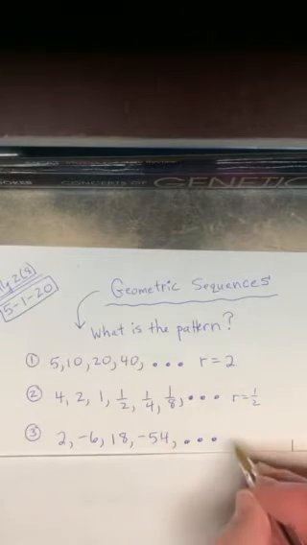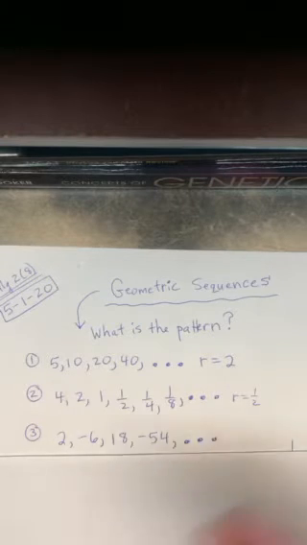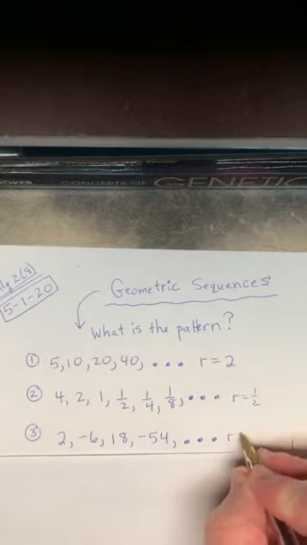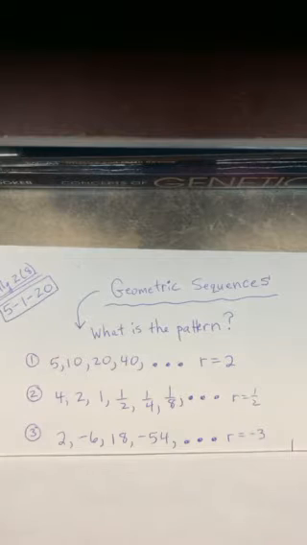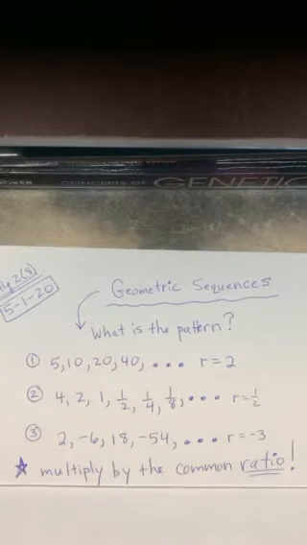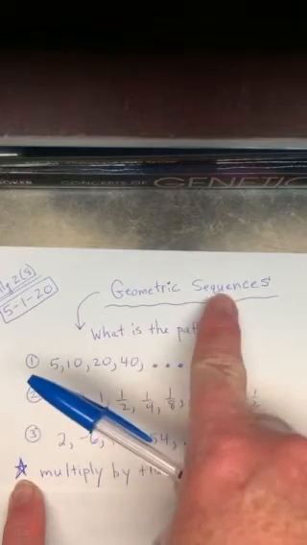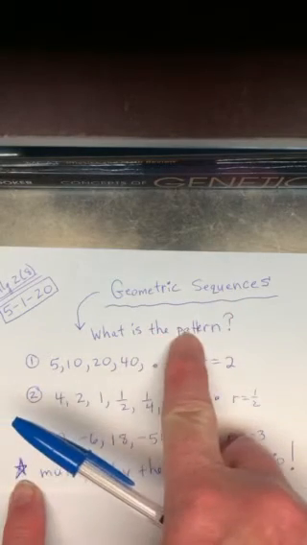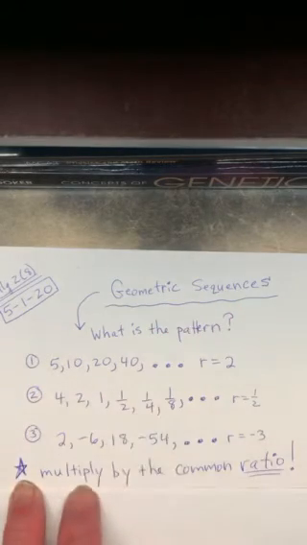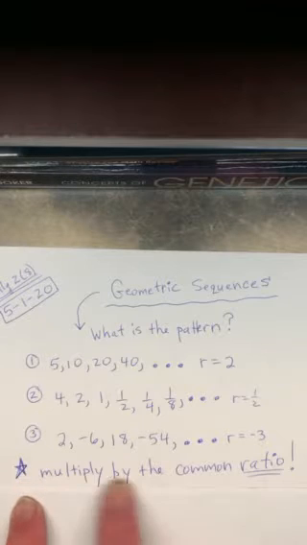So it is possible to multiply by a negative number. So in this case, our ratio would be -3. Okay? So put a star and note that when you see a geometric sequence and you're thinking, what's the pattern? You're going to multiply each number by the common ratio.